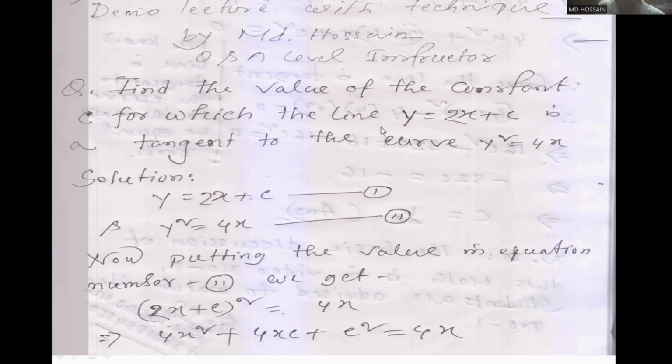Quadratic equation means the maximum power of the equation will be 2. You can see here the maximum power of the equation is 2. This is 1, this is 1, this is 1, but here is the 2.